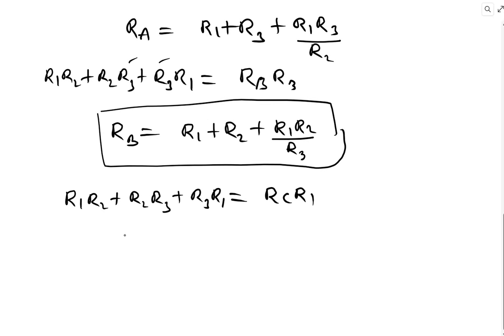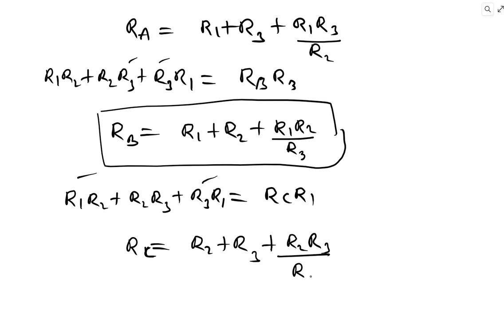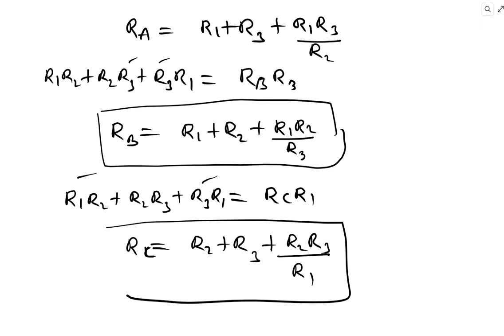If you want RC, then RC equals, where R1 is cancelling here and here, R2 plus R3 and what is left, R2 R3 by R1. This is the third one.